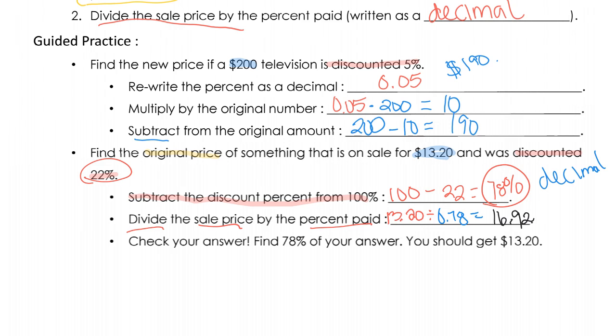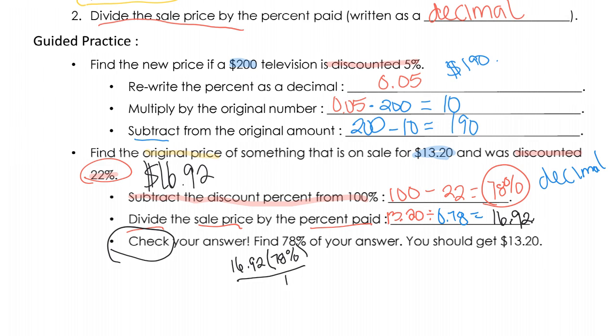So the original price was $16.92. This wants us to check our answer. So if we do 16.92 times 78% in your calculator, you should get, okay, so do that in your calculator right now. 16.92 times 78%.